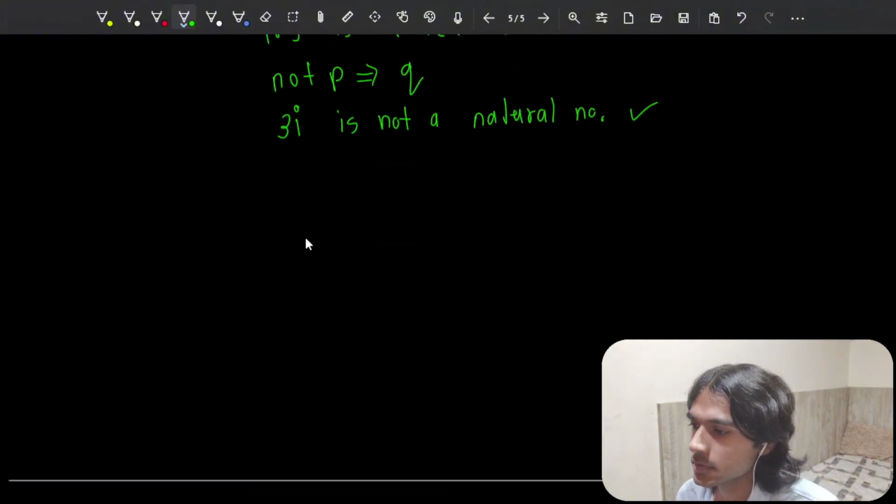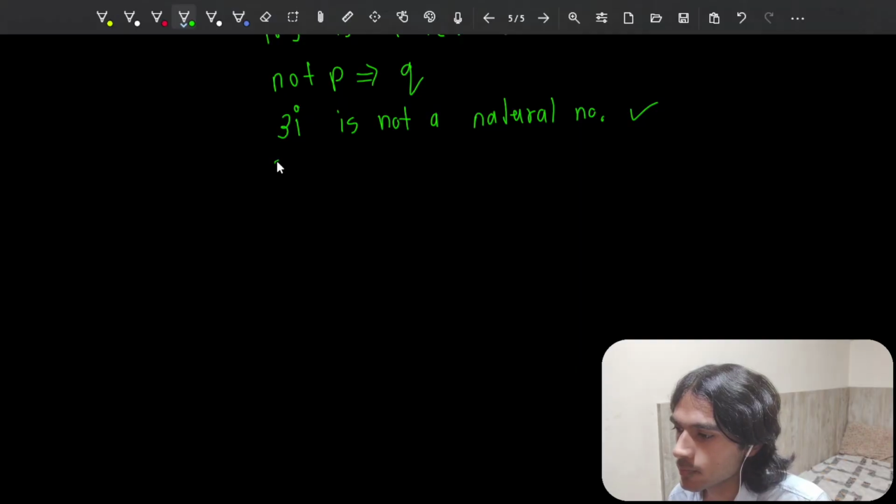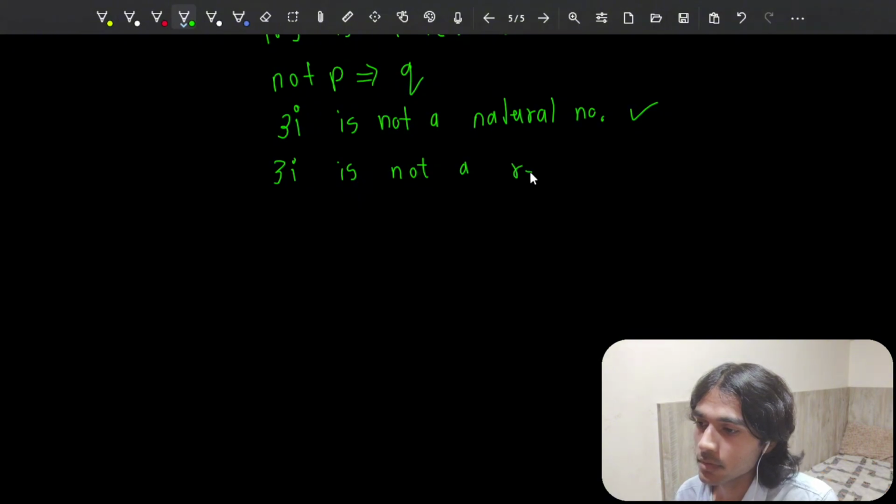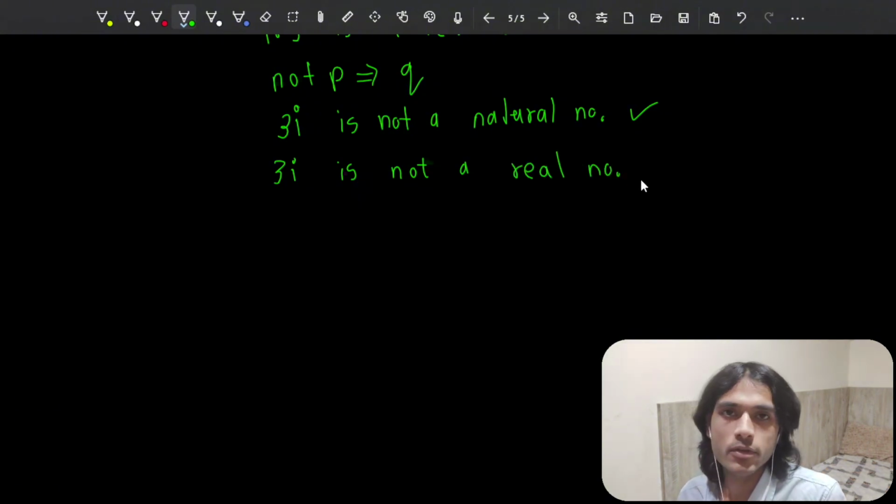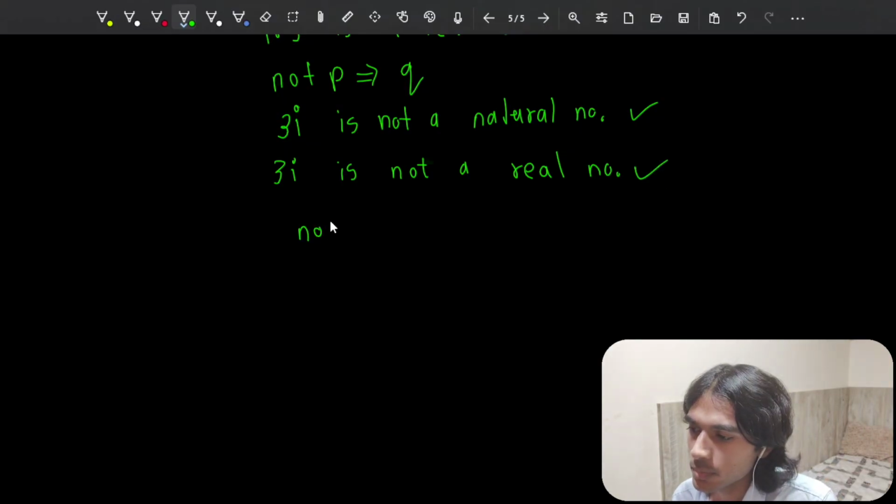Now let me just write it down. 3 iota is not a real number either. So 3 iota is not a real number, so this statement is also true. That means not P is implying not Q.